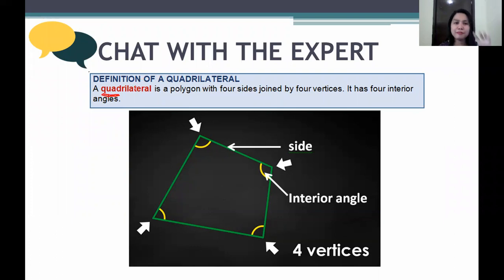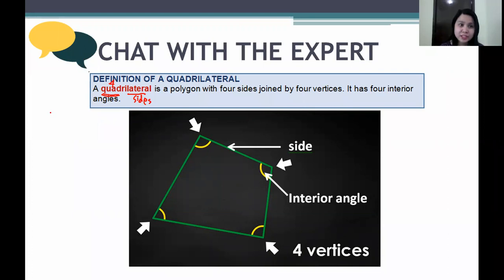For example, if 4 people are singing, you call it a quartet, because that comes from the Latin word quad. It means 4. Latera means sides. So if you say quadrilateral, that's quad plus latera, it means 4 sides.